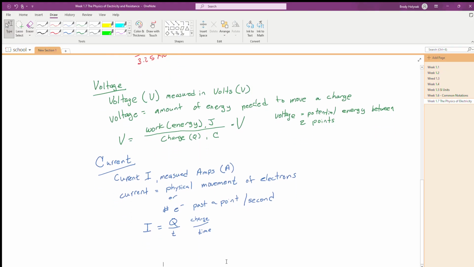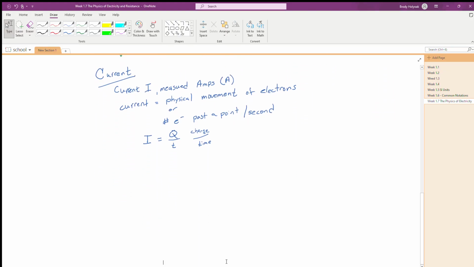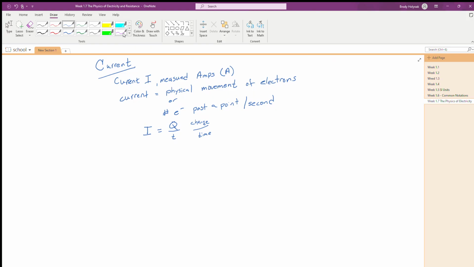And then after we have current, we have another concept that we're going to learn about. This one is called resistance. Resistance is designated with a capital R, and it's measured in ohms, which is the Greek capital omega.